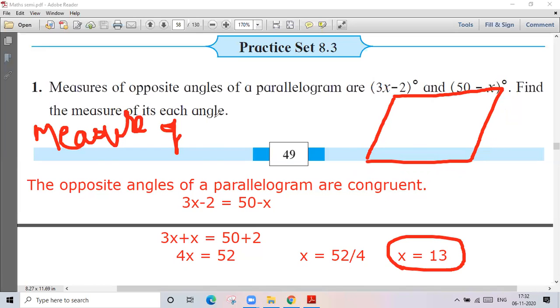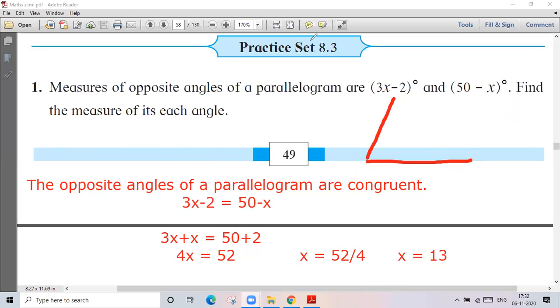Now this is one step. Then x is equal to 13.